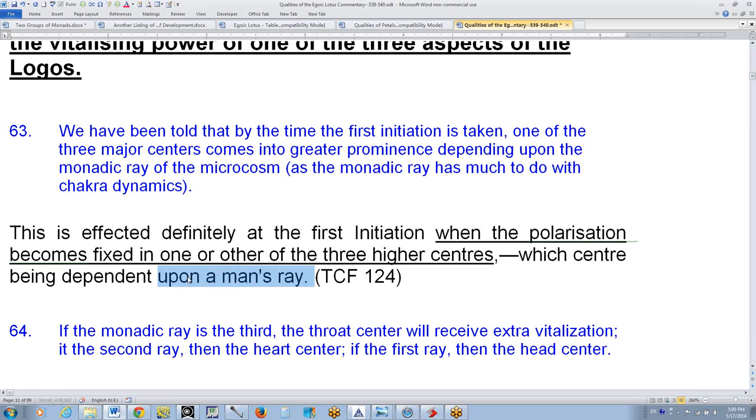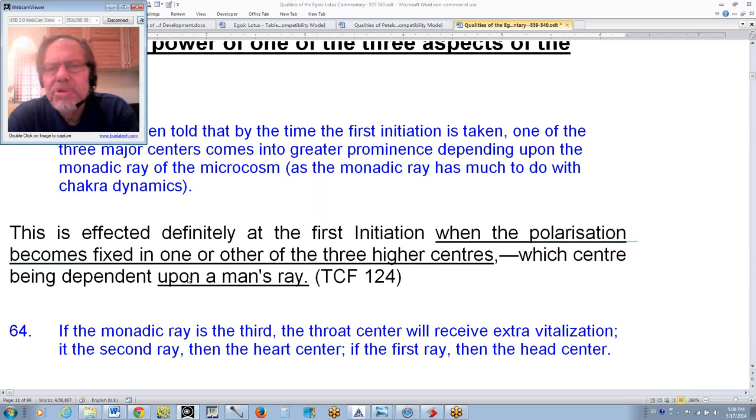A man's ray, in this case, is the monadic ray, but he doesn't say so. And working so much as we do with the soul ray, we might think that's a man's ray. But by not being too specific in places, a form of necessary blinding can occur, and one has to simply work it out according to one's ability to understand.